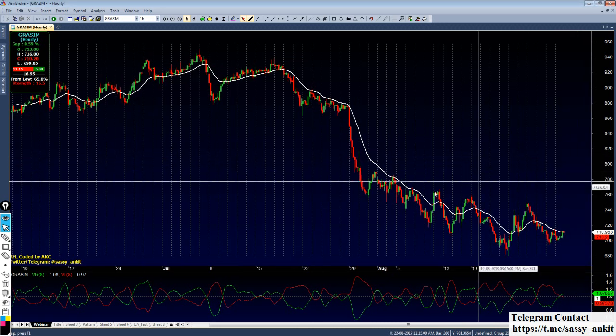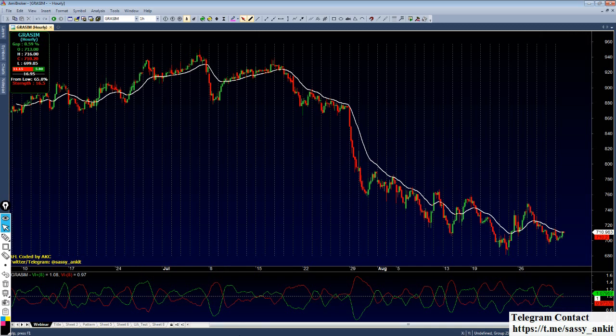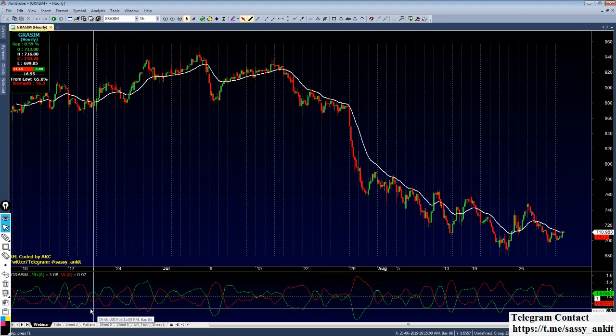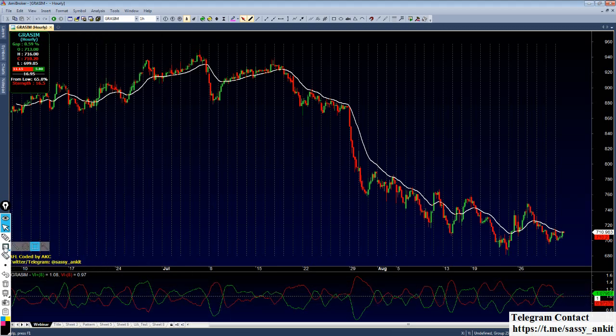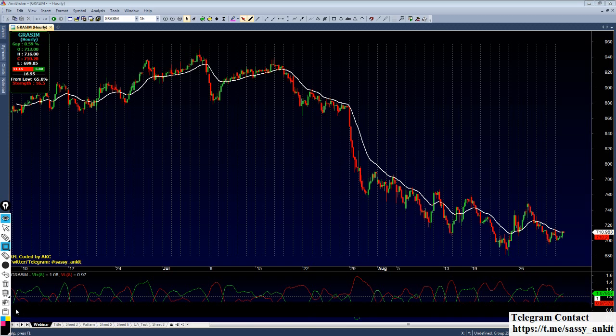Now this vortex has two colors, a green one is positive and a red one is negative. You will simply ignore everything which is below this dotted line. Let me hide the part till the dotted line, like this.